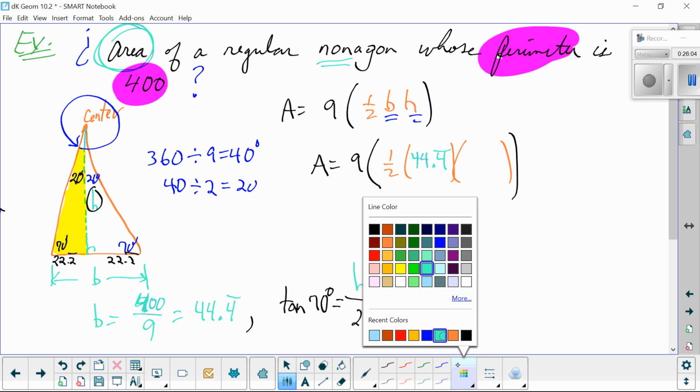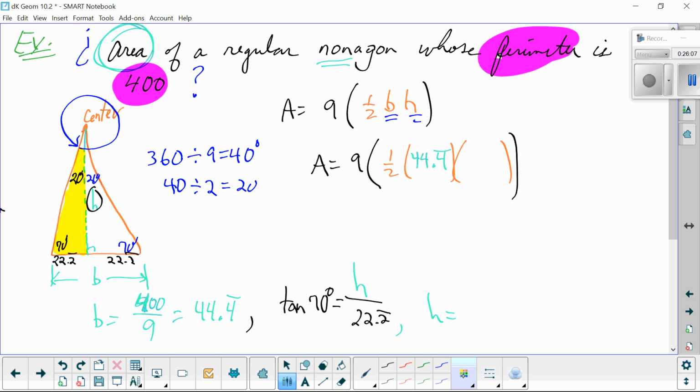Therefore, the height of this triangle is 22.2 repeating, 22 2/9, times tangent of 70 degrees. So the area is equal to 9 times a half times 44.4 repeating times 22.2 repeating times tangent of 70 degrees.